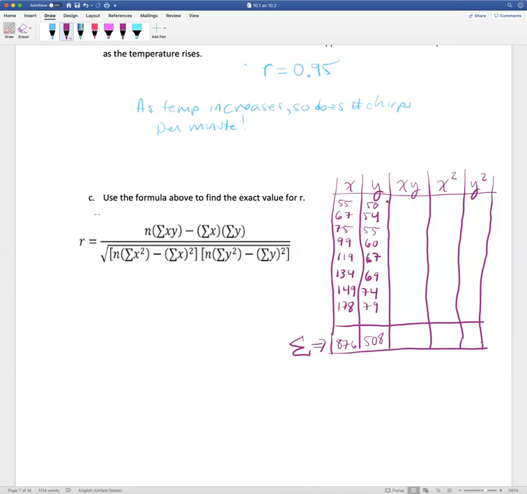Okay, so this next column is xy, so I'm just going to take these two values, multiply them together and write them there.